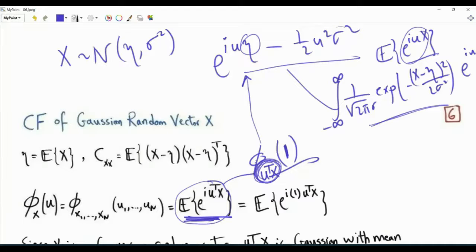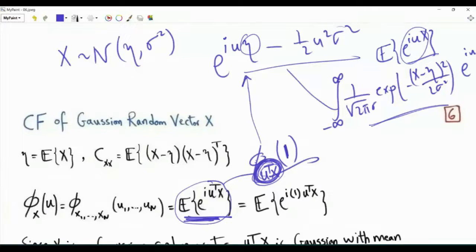Now, if x is a general vector, then who knows what u transpose x is? But by definition, if x is a Gaussian vector, if its components are jointly Gaussian, then we are sure that u transpose x is a Gaussian random variable, regardless of what u1, u2, all the way to un are.